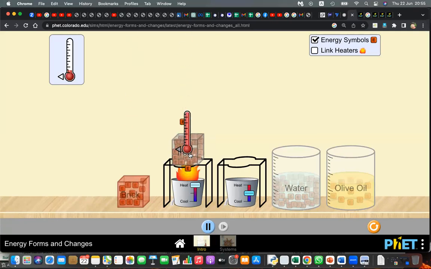It's not producing gas, but still it's releasing the energy in some other formats.